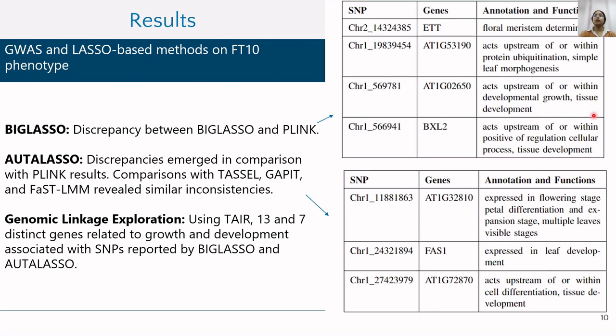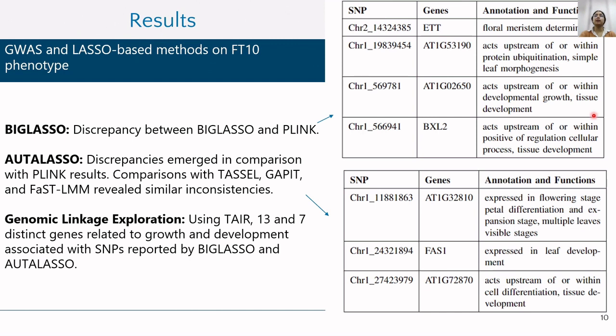For FT10 phenotype, we selected top 20 SNPs from Iota based on absolute coefficient values. Those were not top ranked SNPs for Blink, indicative of large p-values. Further comparisons with Tassel, Capit, and FastLMM revealed similar results.